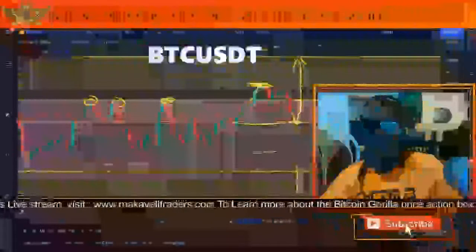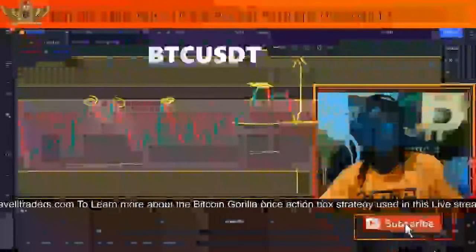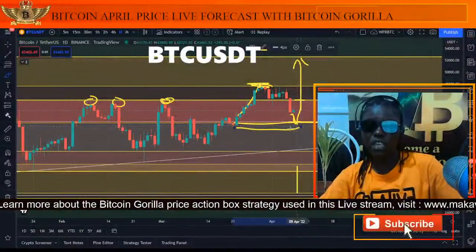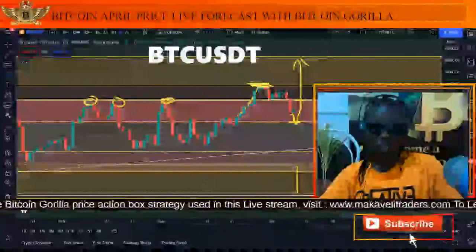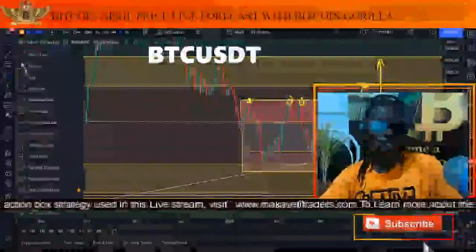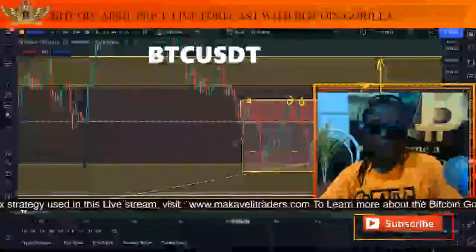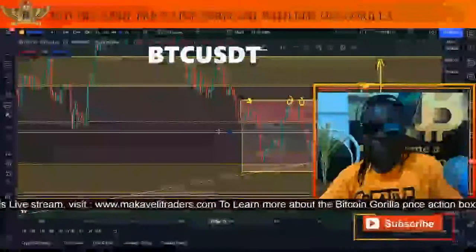Anything that breaks them below 40k, let me give them a grace, anything that breaks below 40k is going to likely meet the control line. There's a control line at the middle of each of my boxes. So let's draw the 4-hour control line. It's somewhere here, around that.